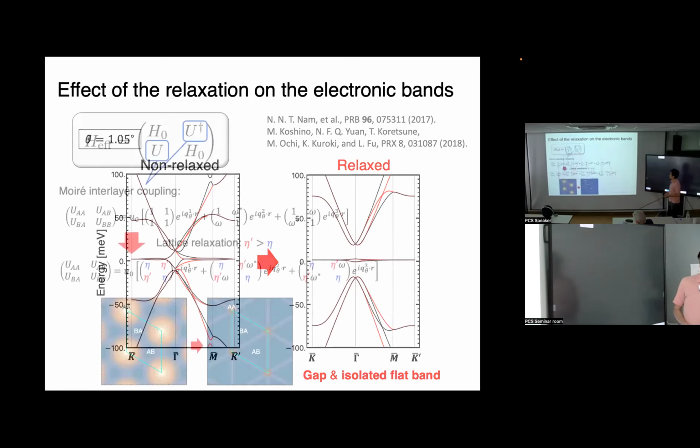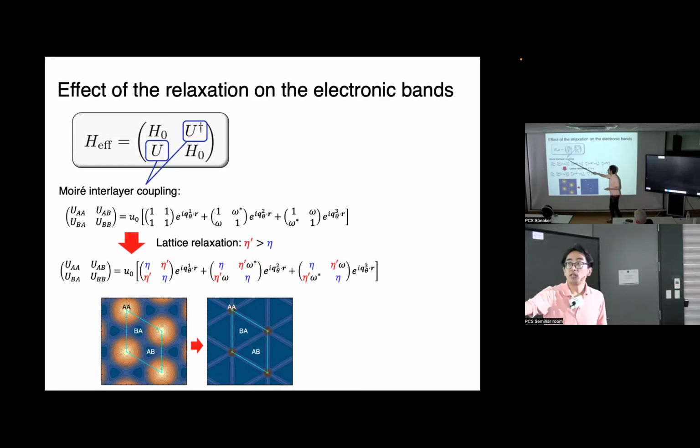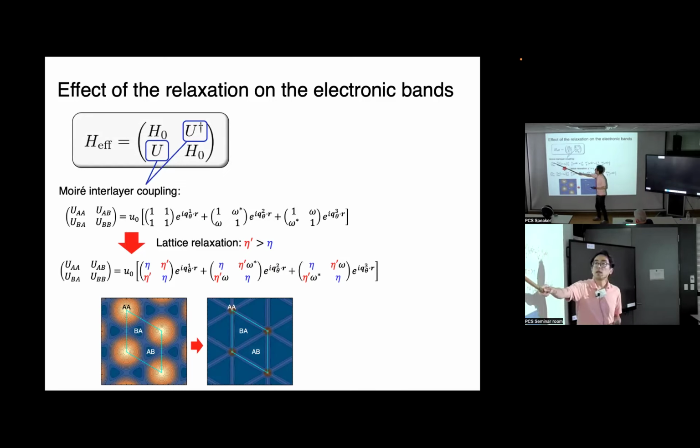Why? Originally there is more interlayer coupling between AA. This is the coupling between the sublattice in layer 1 and layer 2. You can see that the AA part shrunk and the AB and BA part increased. So this off-diagonal part increased and the AA diagonal part decreased. That means the off-diagonal and diagonal parts become different. This is interesting.